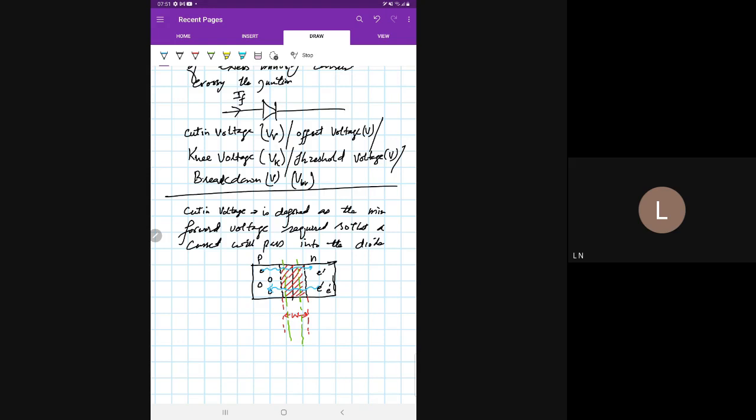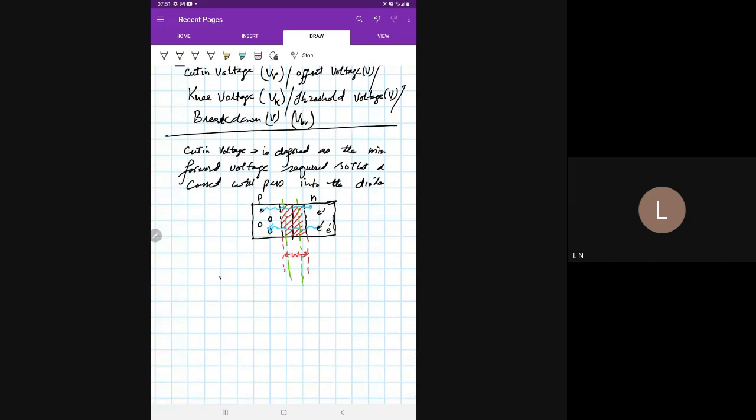That is what cut-in voltage is. So when cut-in voltage is applied to a diode, current will flow, and since the diode is in forward bias, the current which will flow will be forward current, I of F. And this forward current will flow only when you apply a certain cut-in voltage V of gamma to the diode externally.